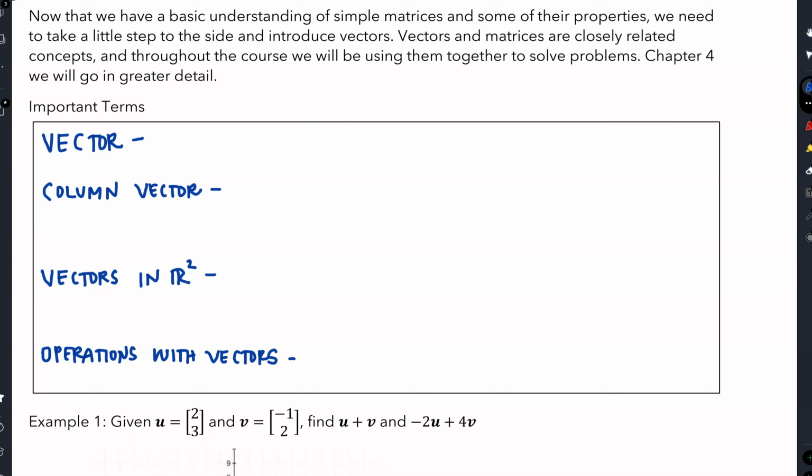Okay. So a vector is an ordered list of numbers for right now. A column vector is a vector with only one column.